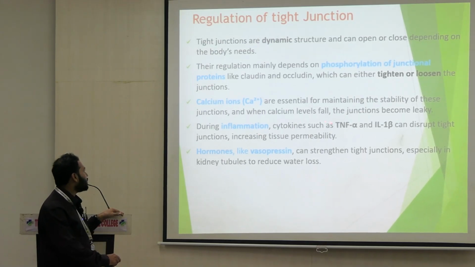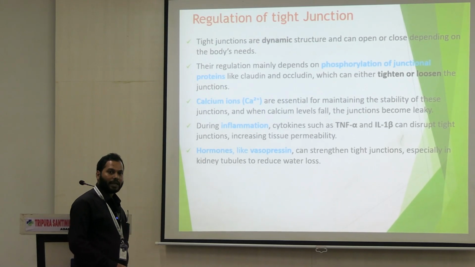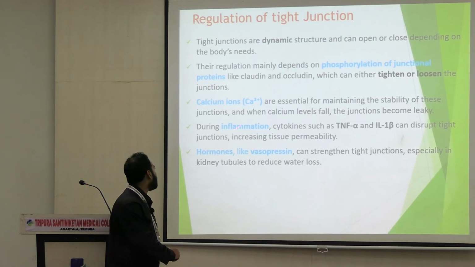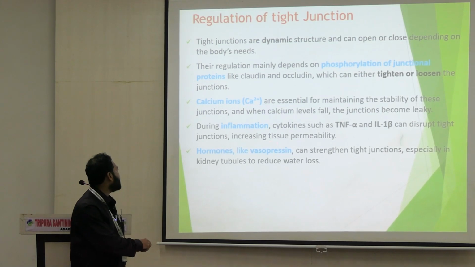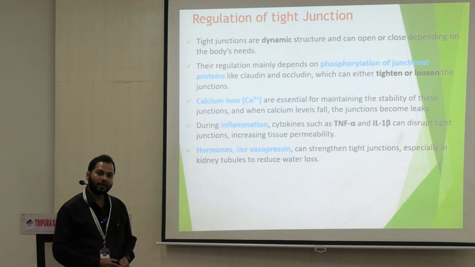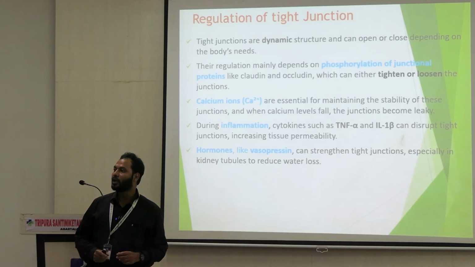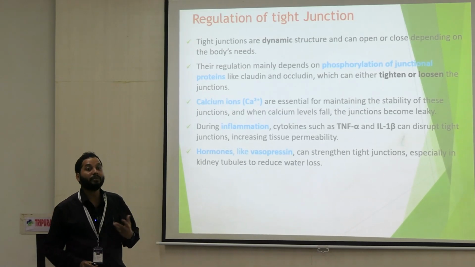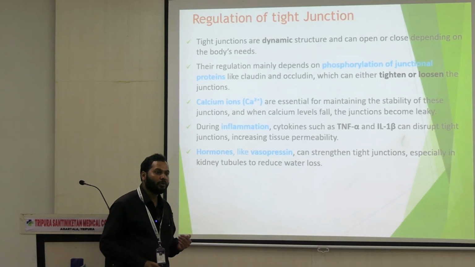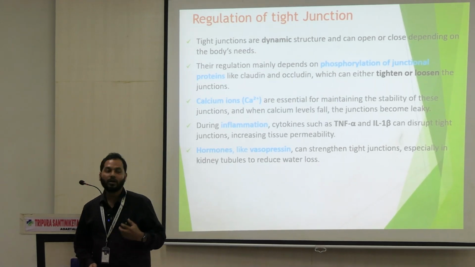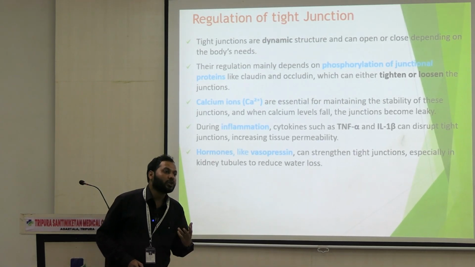During inflammation, different types of cytokines like tumor necrosis factor alpha and interleukin beta can disrupt tight junctions and increase the tissue permeability, right? Other than this, hormones also play an important role. It changes the permeability of a certain type of tubule, like you can see in the formation of urine or the reabsorption of water.